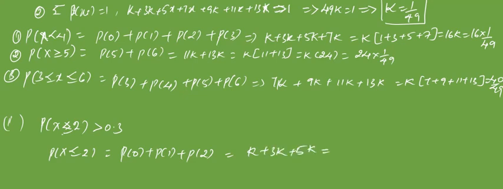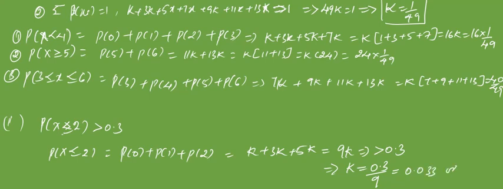Kindly add it up, so we get 9k, or we can write 9 into k, because we are finding the k value, so make sure the k is retained. This value is greater than 0.3, which implies k is greater than 0.3 divided by 9, whose value is around 0.033.